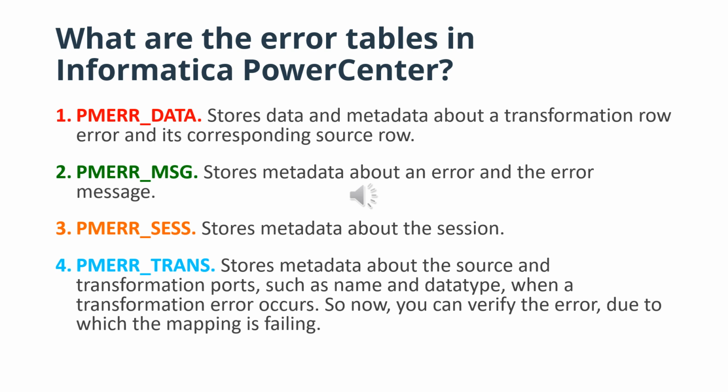And the fourth one is PM_ERR_TRANS. Trans means transformation. The name itself indicates it's going to store the transformation errors. So it stores the metadata about the source and transformation ports, such as name and datatype. And also if any error occurs, that error is also logged. So if the mapping fails due to some transformation error, you can check it here.